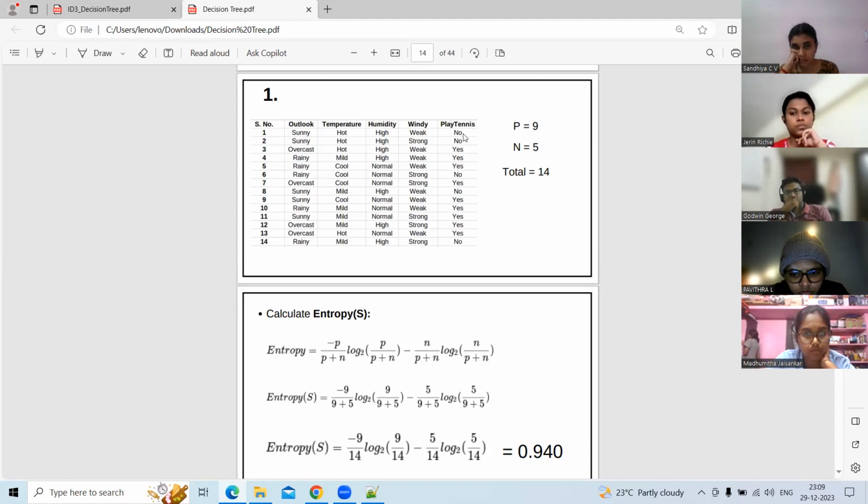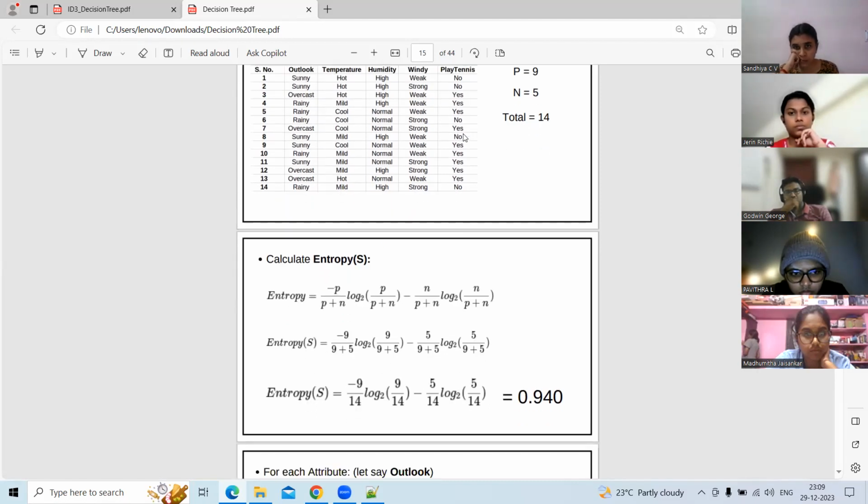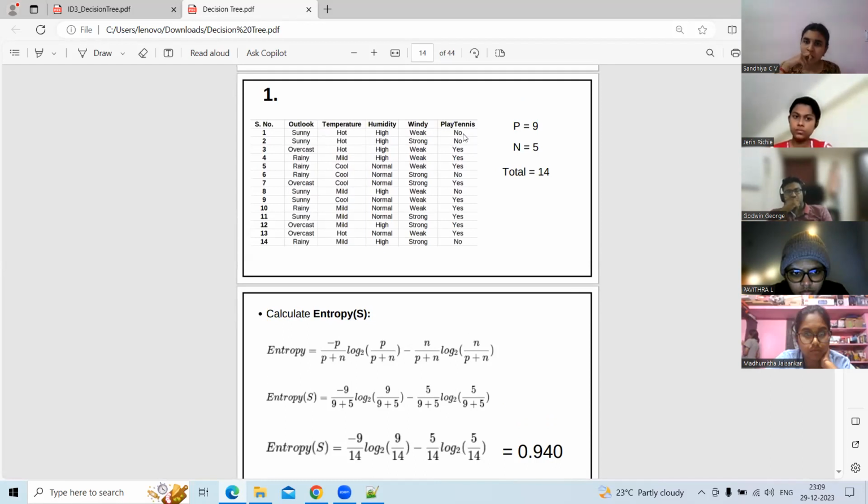Okay. Now, question for you again, Sarisha. What is the objective? You've got the entropy of the target, play tennis. What is the next step? Now I want to find out the entropy of outlook and each of these features, and see which feature will give maximum information gain. So we have the entropy of play tennis, 0.940.